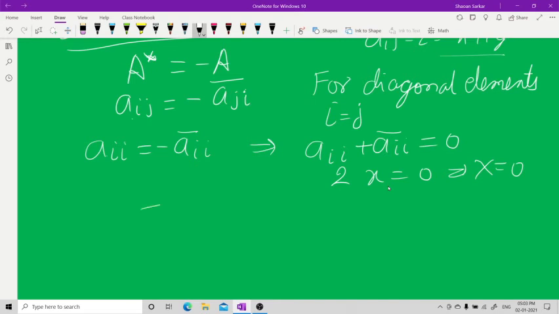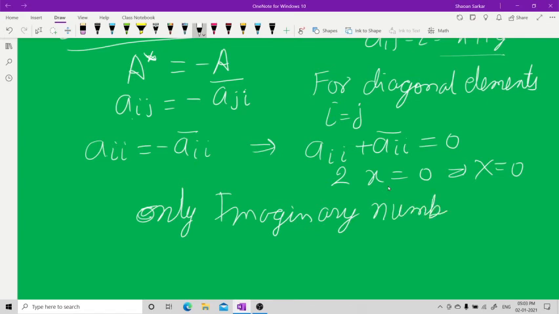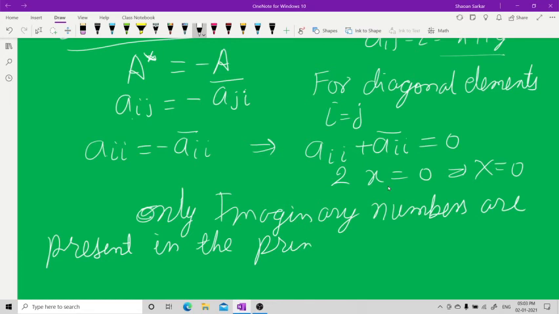That means only imaginary numbers are present in the principal diagonal. So how to construct now?